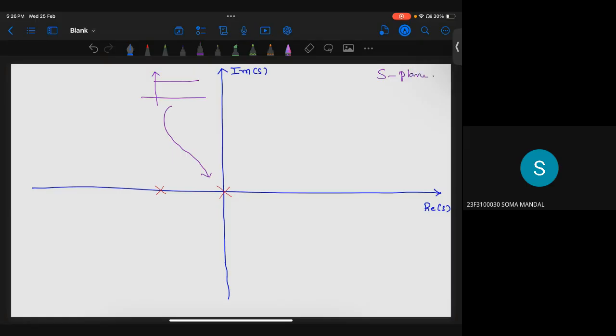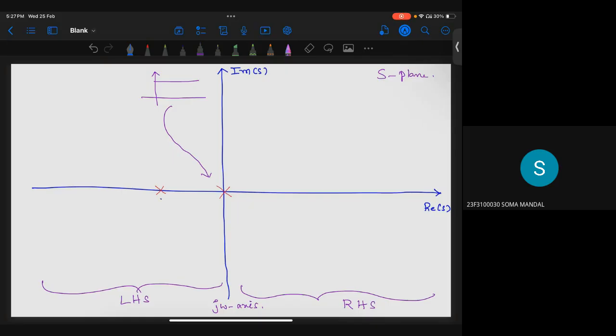With respect to this imaginary axis, we call this the RHS, right hand side of S plane. We call this the LHS, left hand side of S plane. And we call this the j omega axis. It means that with respect to the j omega axis, we'll have right side and left side.